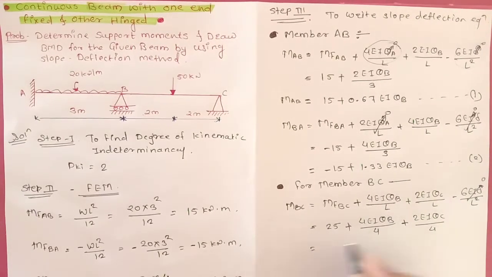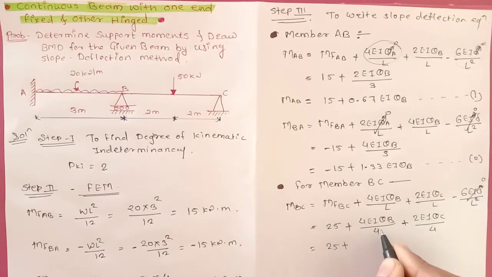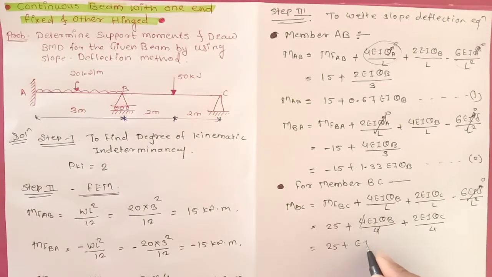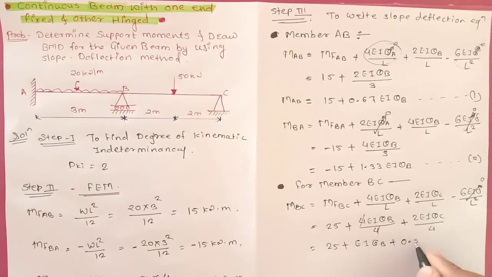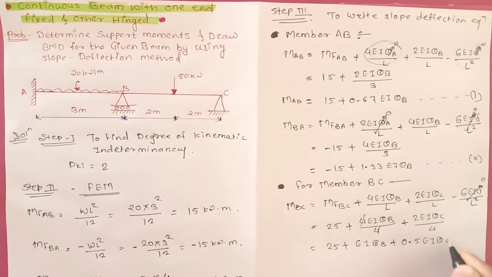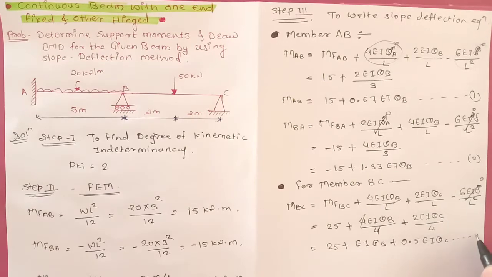From these calculations we get the equation 25 plus, here 4 gets cancelled, so only EI theta B plus 2 divided by 4, which is 0.5 EI theta C. This is our equation number 3.